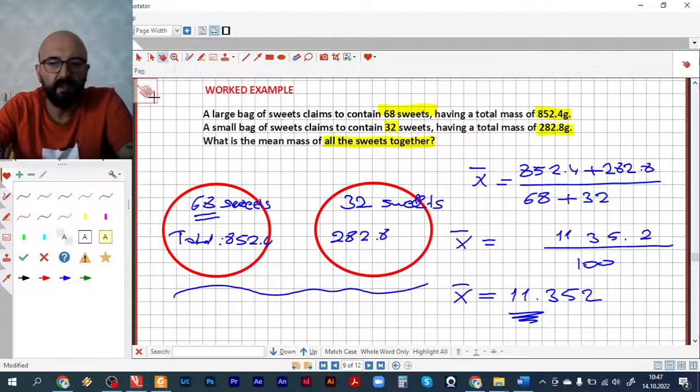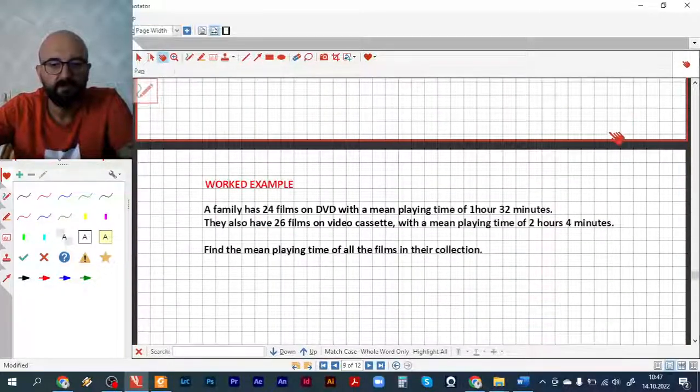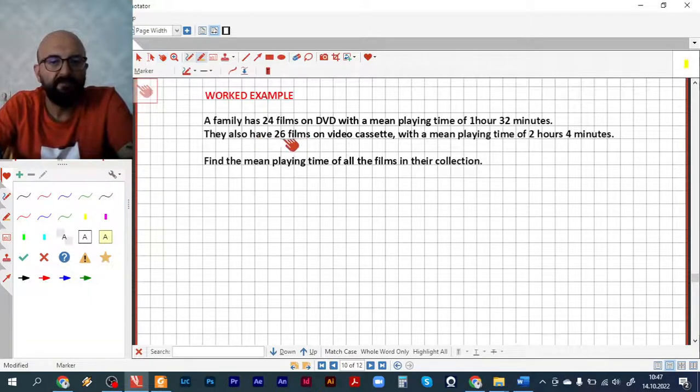Okay, now we have the other example. A family has 24 films on DVD with a mean playing time of 1 hour 32 minutes.